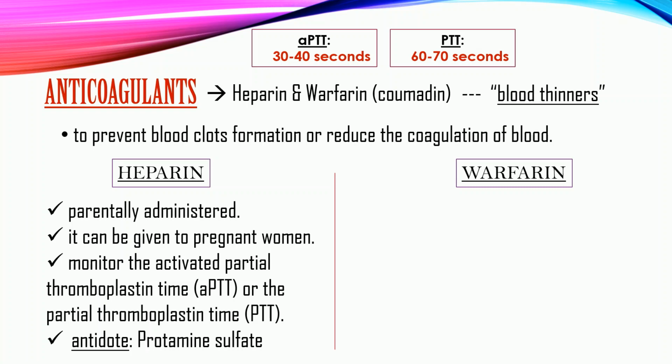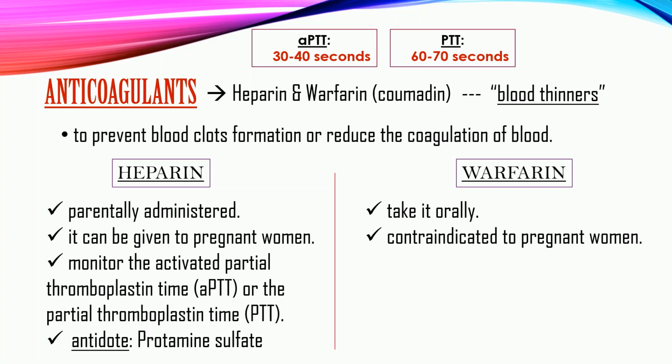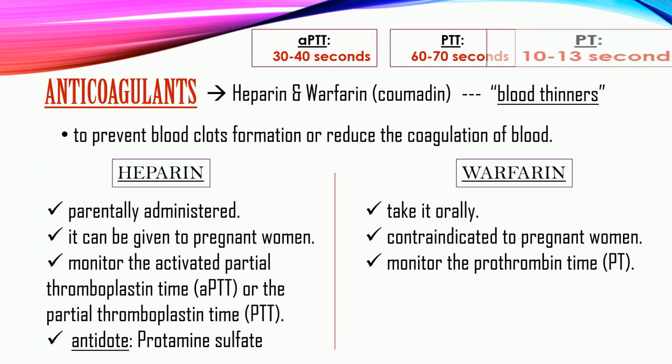On the other hand, there is warfarin. It is taken orally and is contraindicated to pregnant women because it can cross the placental barrier during pregnancy. It is important to monitor the prothrombin time while taking warfarin. The normal range is 10 to 13 seconds.